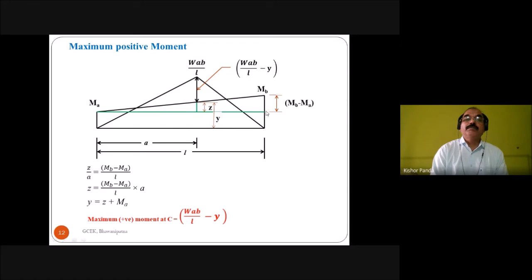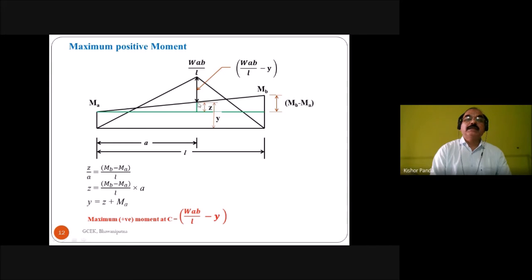MB minus MA divided by L is equal to Z by A. Then Z is equal to (MB minus MA) by L into A. After knowing this length Z, and you know this equals MA, so Y is equal to Z plus MA.